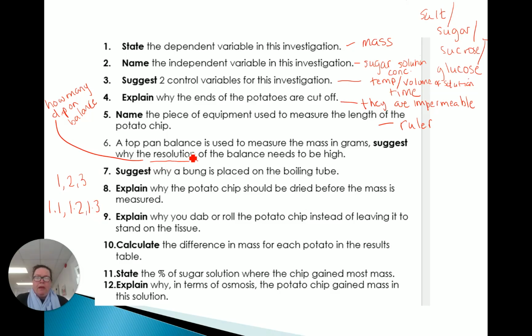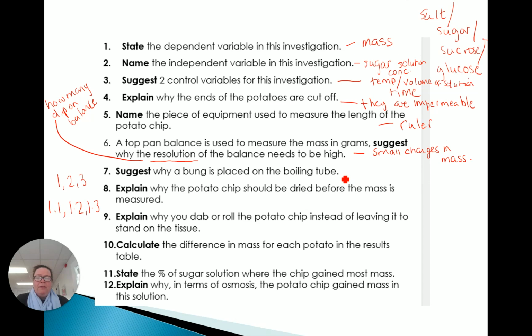Okay. Suggest why the resolution of the balance needs to be high. Because we have very small changes in mass. You would not be able to measure those changes in mass on your bathroom scales that you stand on to see what your mass is, because the resolution is not high enough.